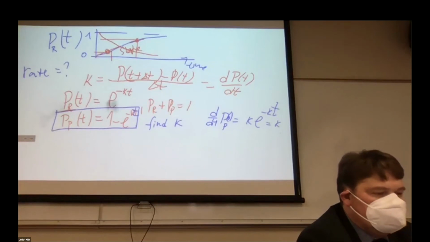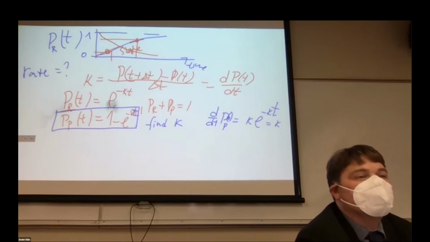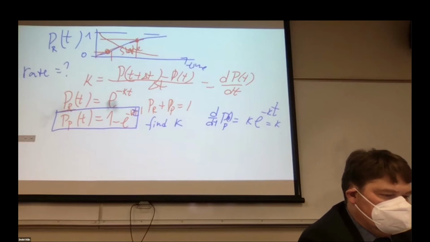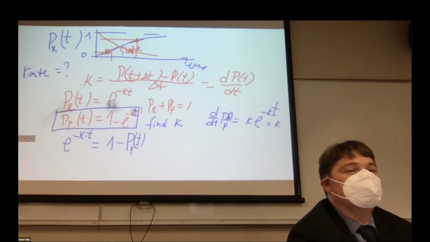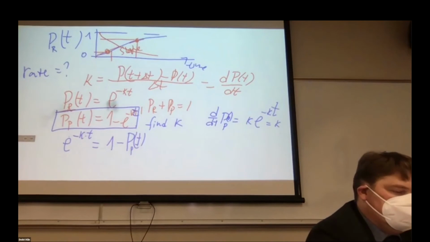Here is one additional trick. What if we integrate this thing? So, e to the minus rate times t equals 1 minus probability of the product. Right? Now let's integrate left and right over time.